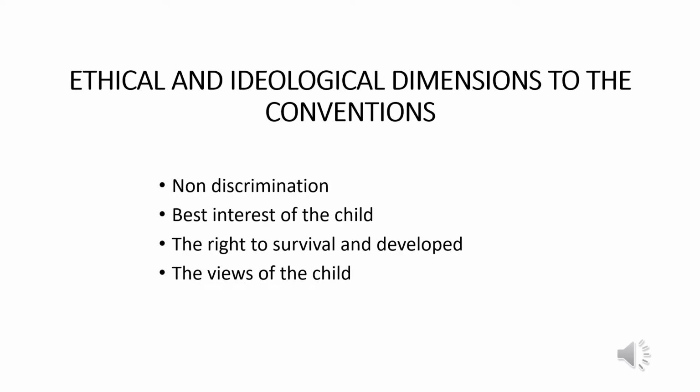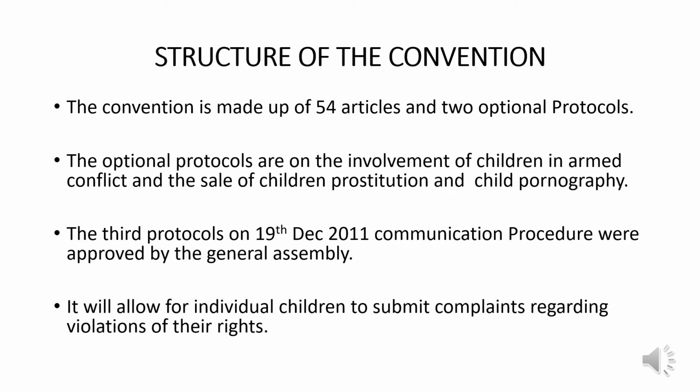The four ethical and ideological dimensions of the Convention are non-discrimination, best interest of the child, the right to survival and development, and the views of the child. The Convention is made up of 54 articles and 2 optional protocols.